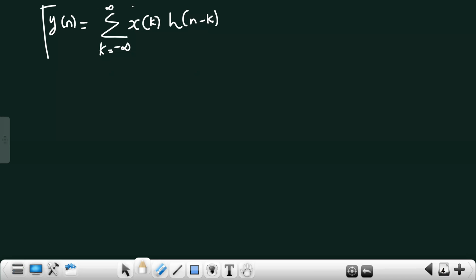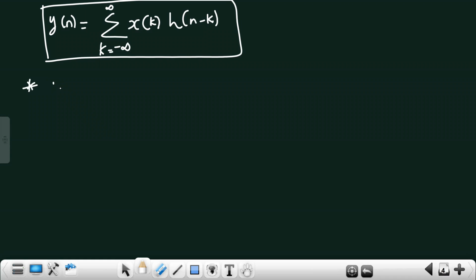Now in this equation you will be finding the output at time n equal to -1, because I told you the output is starting from -1 and ending with 5. So you have to find the output at n equal to -1. So put n equal to -1 and tell me how the equation will become.